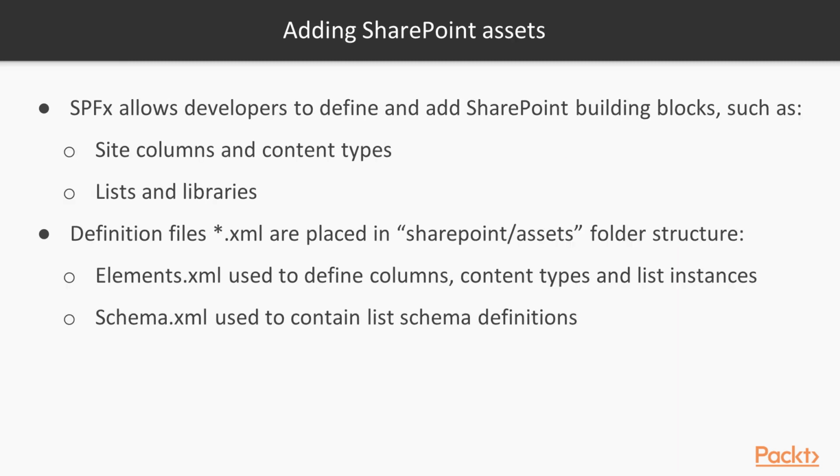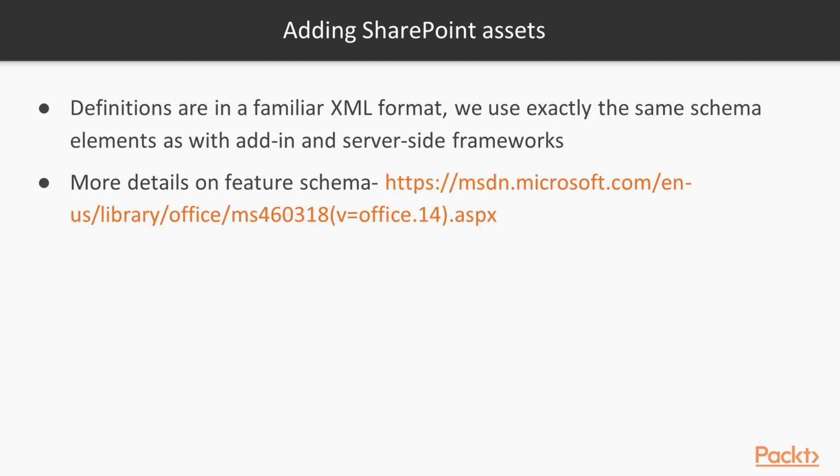We can define a certain feature of SharePoint Framework, which is akin to standard features in the feature framework of SharePoint server-side development, and it operates on the same kind of XML schema files as the previous add-in and server-side object model frameworks.